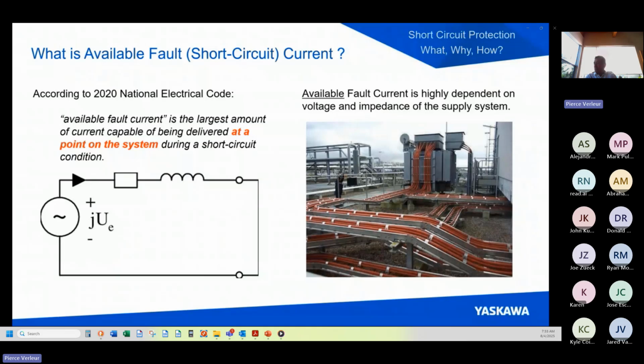And obviously, the available short circuit or fault current right at the terminal of the transformers will be often very, very large. But at points further down the distribution system, that available fault current at a point in the system to which you would connect a load, such as a drive, can be a lot different than the available fault current directly at the source. So let's all remember that, available fault current.